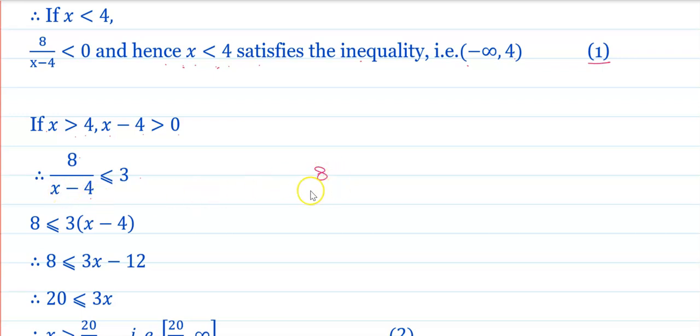Means what? 8 upon x minus 4 into x minus 4 is less than or equal to 3 into bracket x minus 4. This x minus 4 on both sides gets cancelled. Then you will get 8 less than or equal to 3x minus 12.